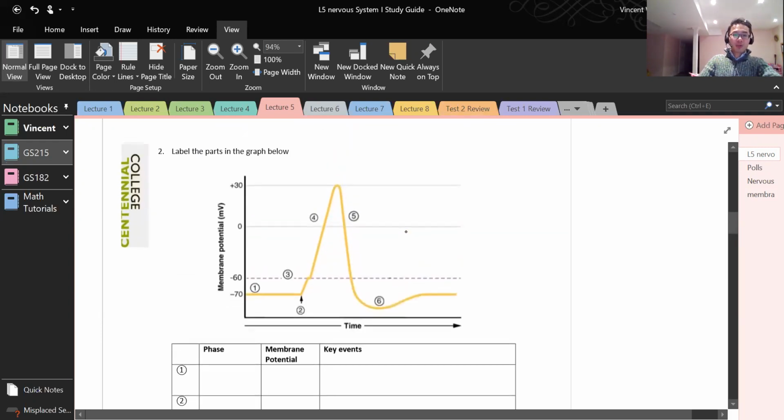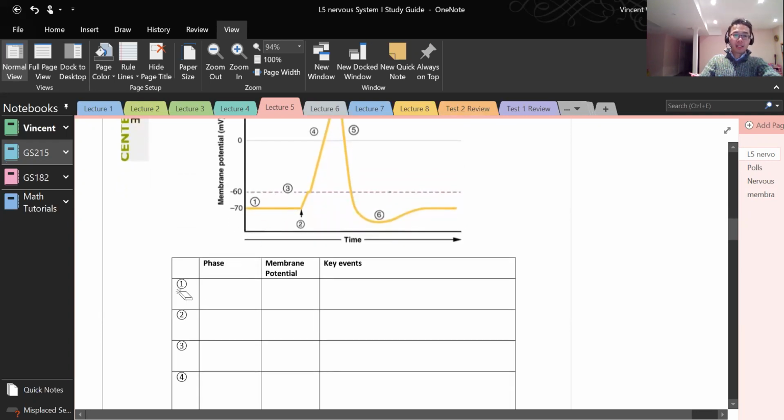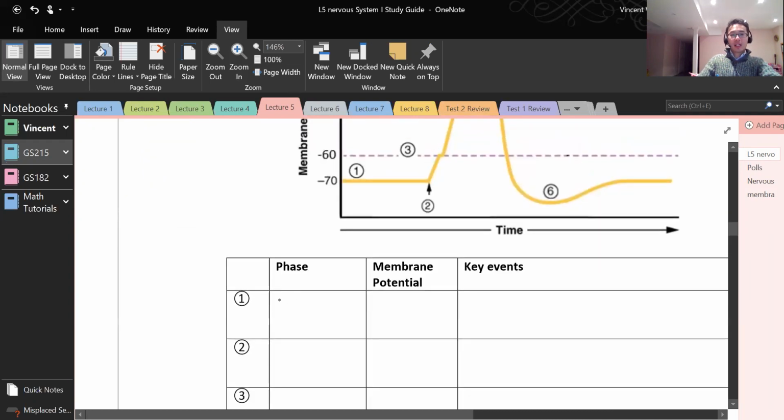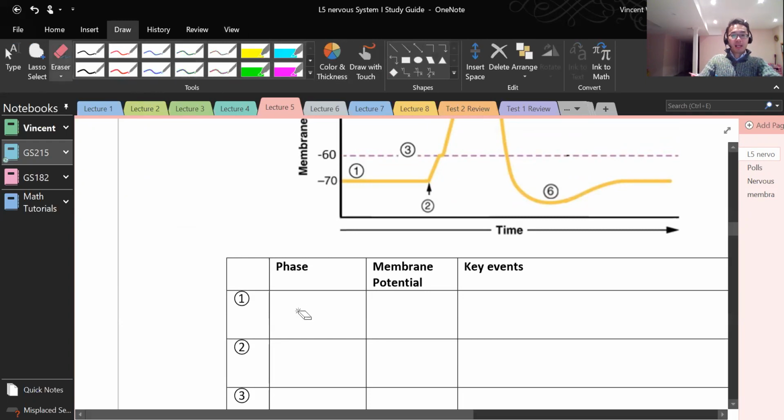All right, so this is page 2 of the study guide, and this is the graph we are essentially creating. At number one, what phase is this? This is the boring phase because nothing is happening. This is the resting potential, and we are sitting at -70 millivolts.